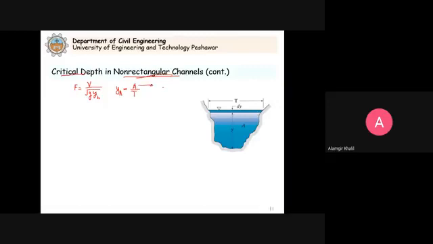This is the cross-sectional flow area, and this is the top width as shown in the figure, the width of the flow area at the water surface.